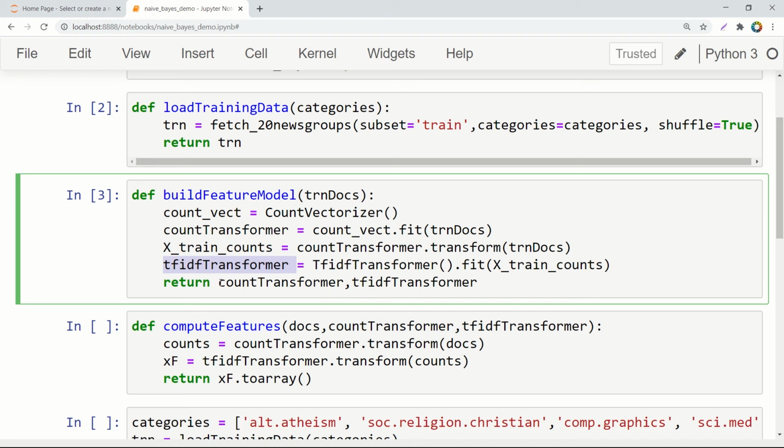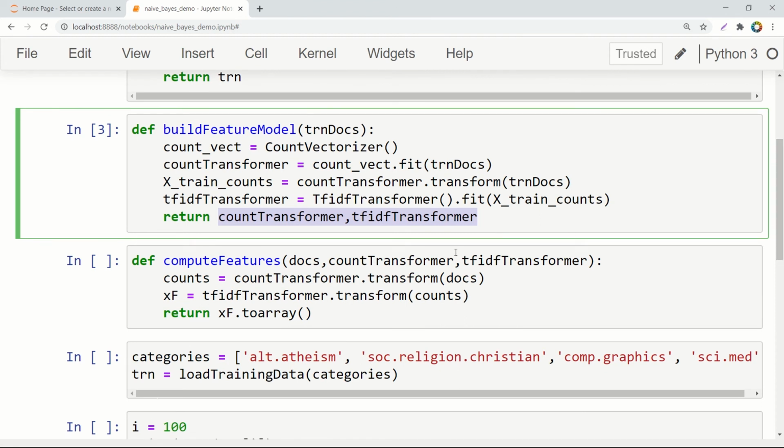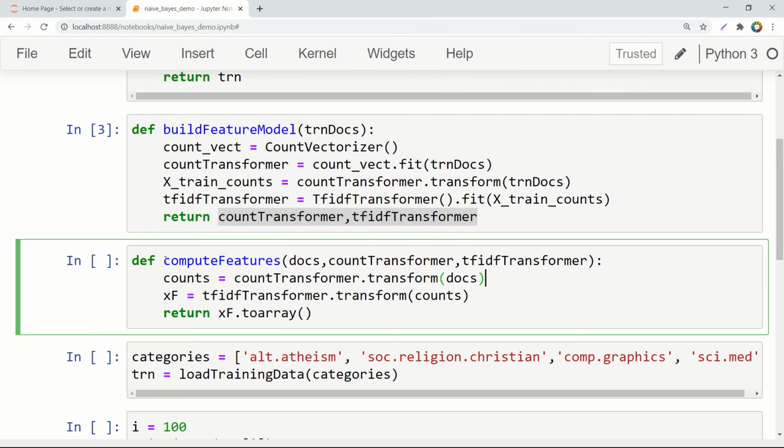It returns these two transformers to be used to compute features whenever required. That's the function that is actually used for computing features, using the model from the build feature model. Given documents in the form of text, it converts the documents to counts and then applies the TF-IDF transformer to convert them to feature vectors.